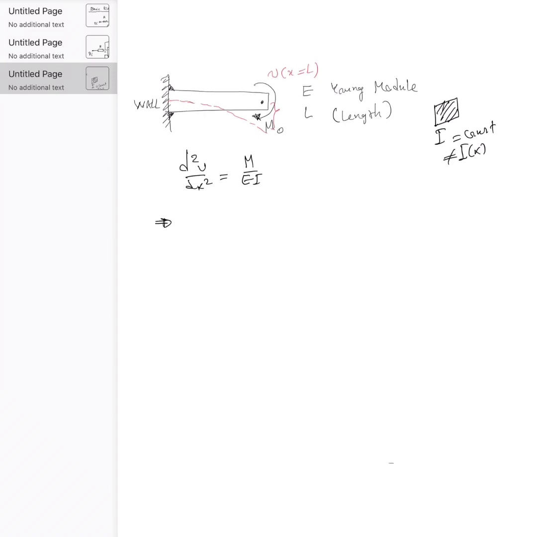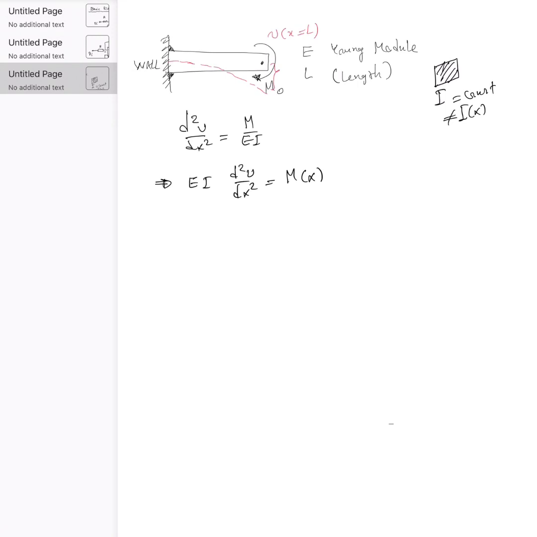That means that I can write this equation like EI d2v/dx2 is equal to M(x). All I did, I just brought the EI to the left side, and then I have my couple moment, my moment diagram. So the boundary conditions for that are v at x=0 is 0, dv/dx at x=0 is equal to 0.